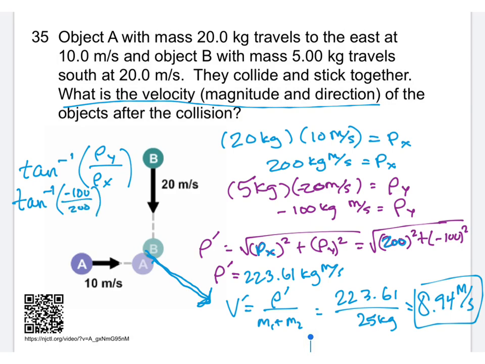So tangent inverse of negative 1/2. We're in degrees. Negative 26.57 degrees, or you could say 26.57 degrees south of east, right?